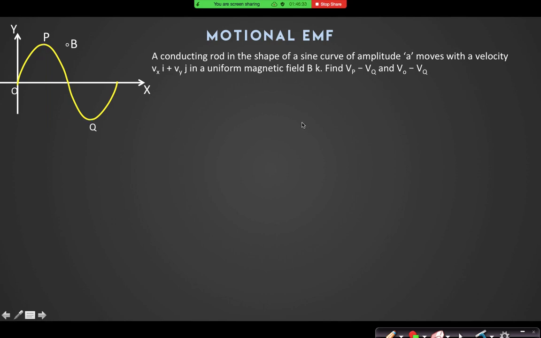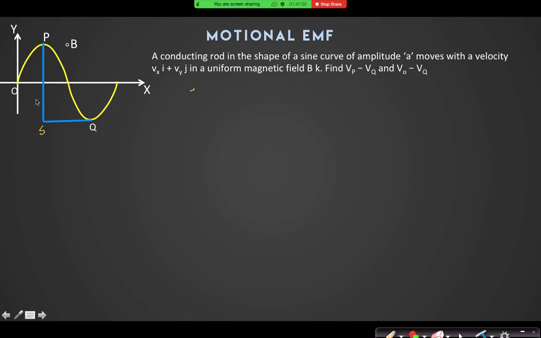Yes sir. This is a closed loop. So I can say that the EMF induced in PQ is the EMF induced between P and S and S and Q. Right? Net EMF induced is 0.